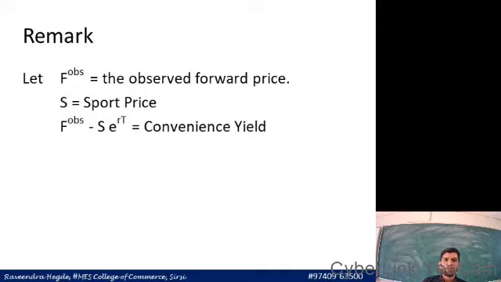Let S equal the spot price, and the difference between F_obs minus S into e raised to RT means convenience yield.